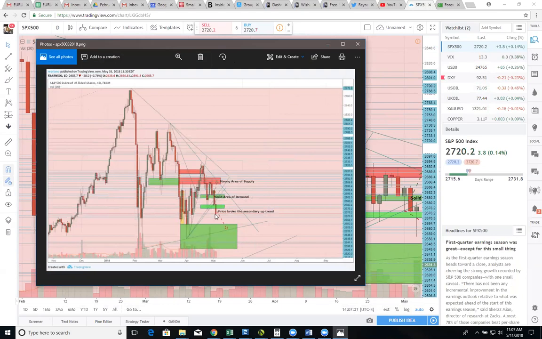But nevertheless, this was the chart, and as you can see, the secondary trend line basically got broken. And then from there is that strong area of demand, but the major ones is done here within this green shaded area.